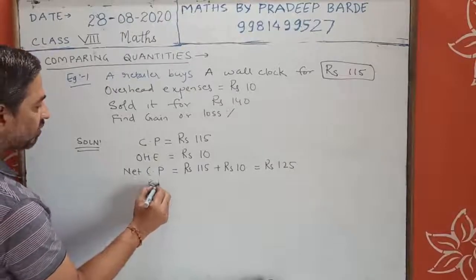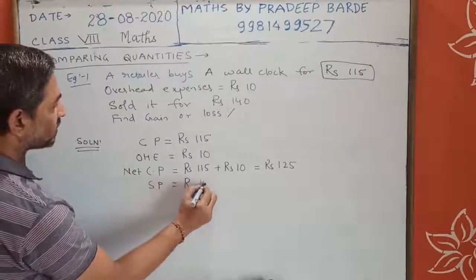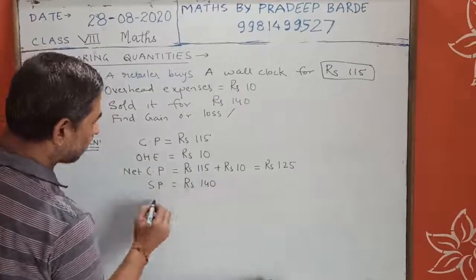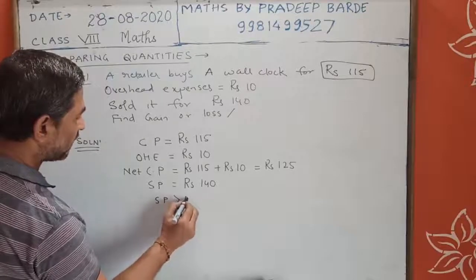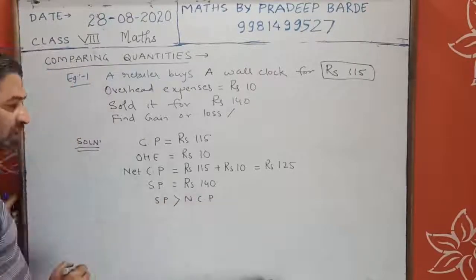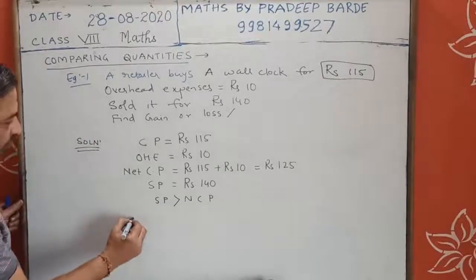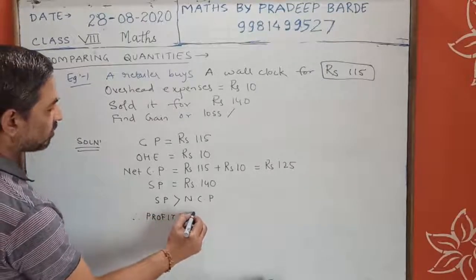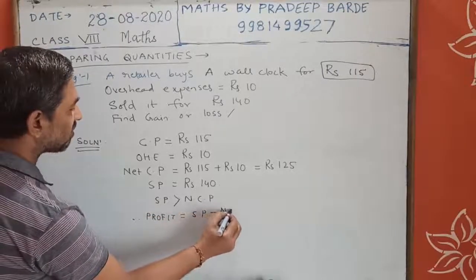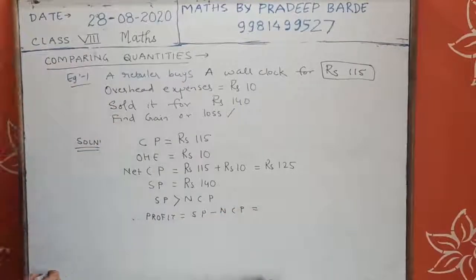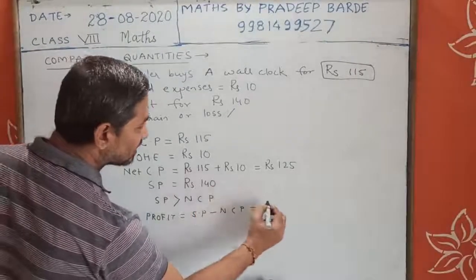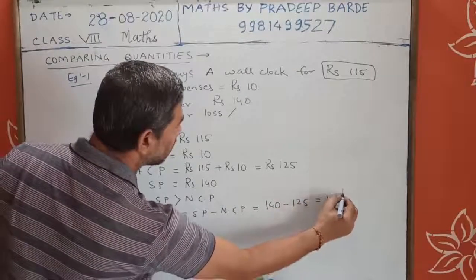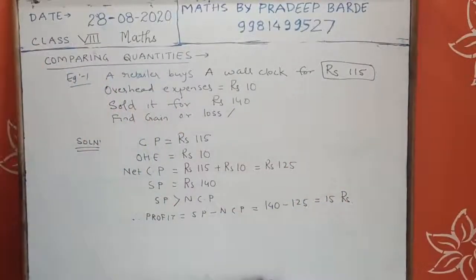Selling price rupees 140. Now here you see selling price is greater than the net cost price. Therefore, there will be profit. Profit is equal to selling price minus net cost price. Selling price is 140 rupees minus 125, that is 15 rupees profit.